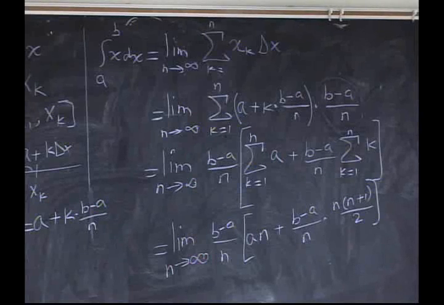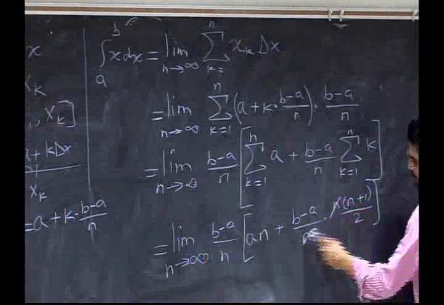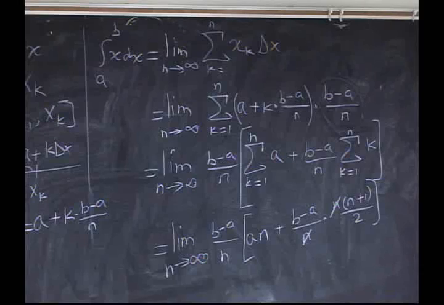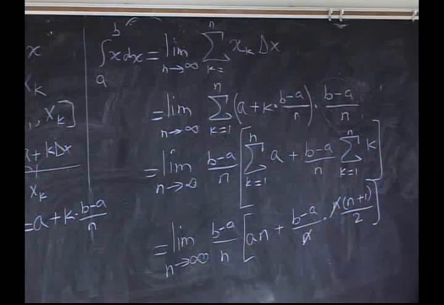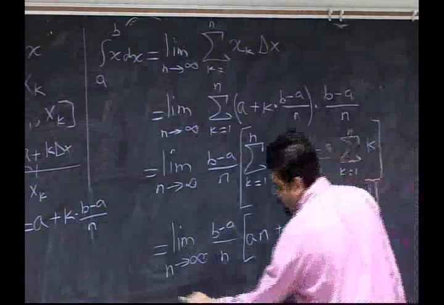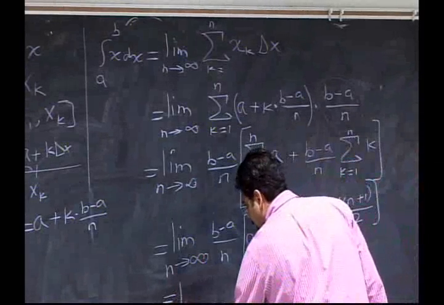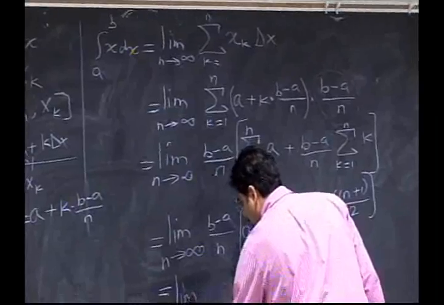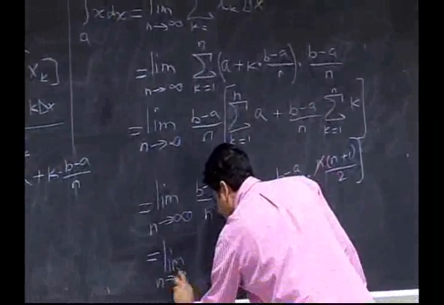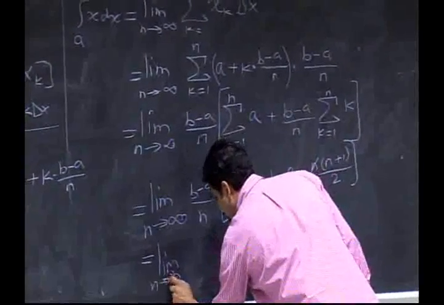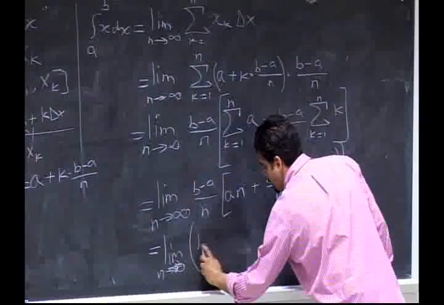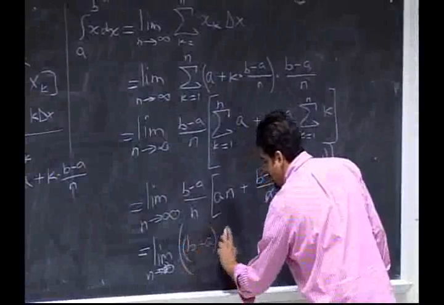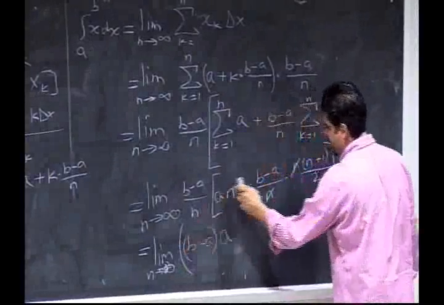Okay. So in here we can quickly simplify these two. And then if I were to multiply out by (b minus a) over n, I would get (b minus a) times a, the n's would cancel here.